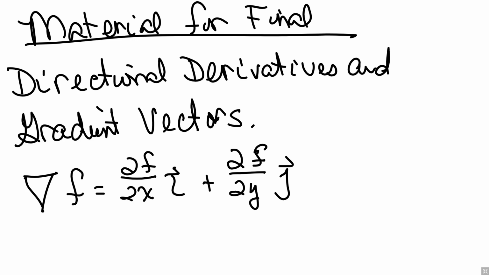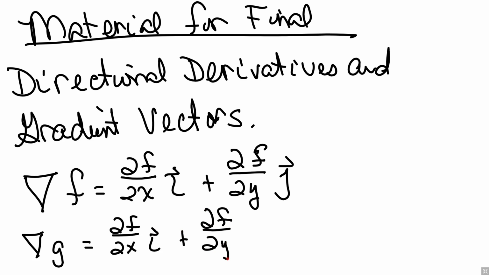Now, if it's a three-dimensional function, so say we want to find the gradient of g, it would be the partial of g with respect to x in the i, plus the partial with respect to y in the j, plus the partial with respect to z in the k.